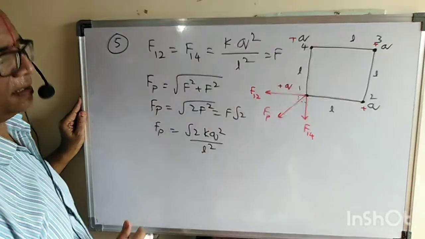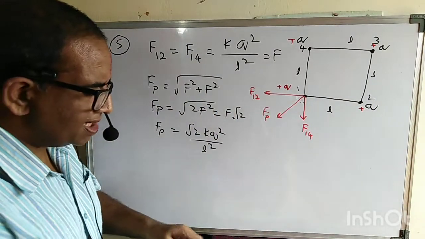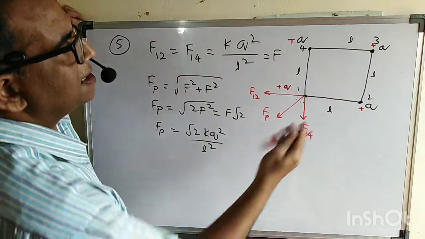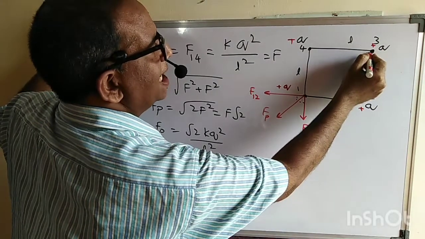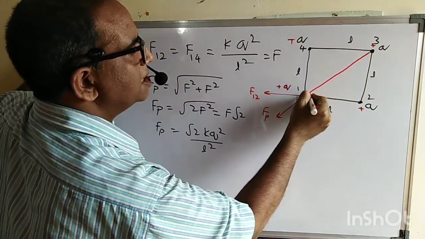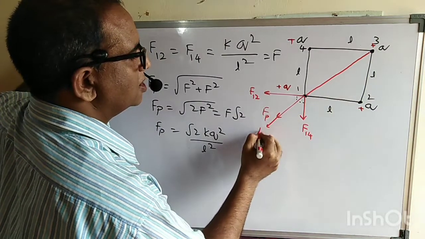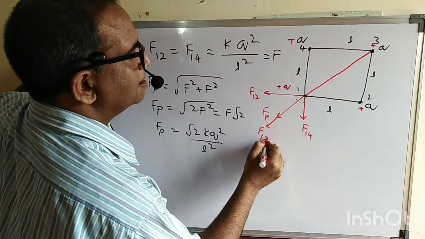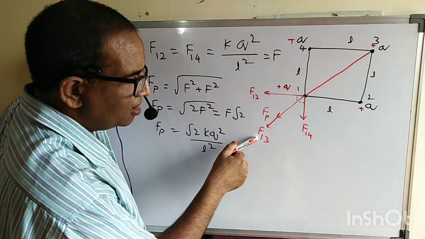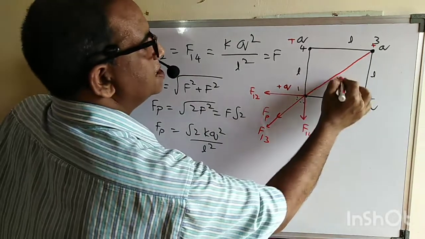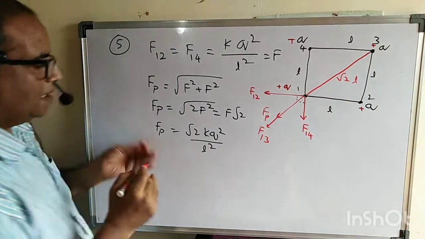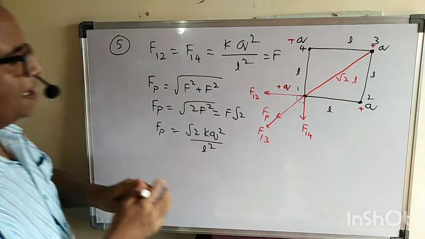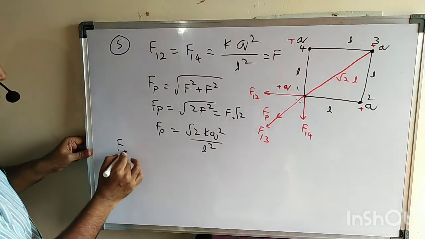That is FP. But apart from this one, there is another force also acting. The third charge is acting in this direction. These two are repelling. So this one is F13, the force acting on 1 due to 3. The distance here is root 2 L. Therefore, tell me what F13 is.